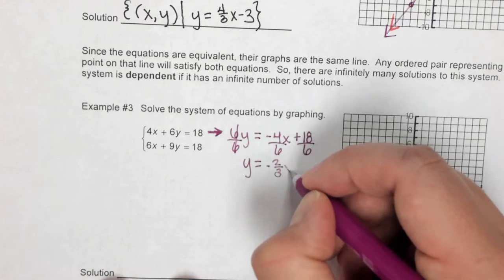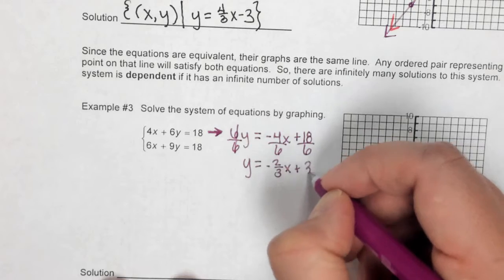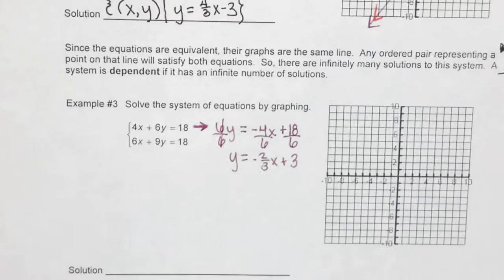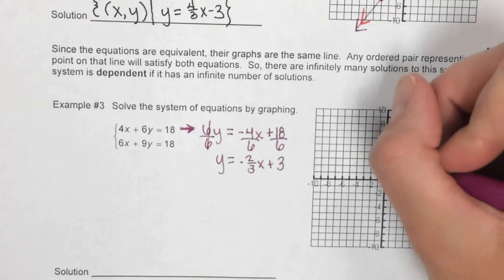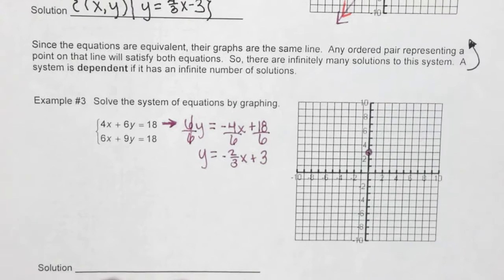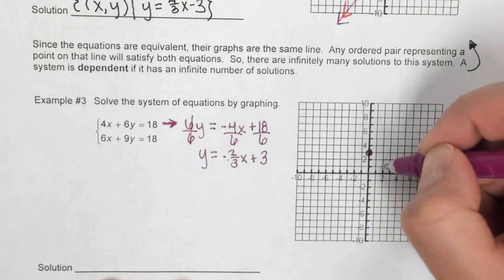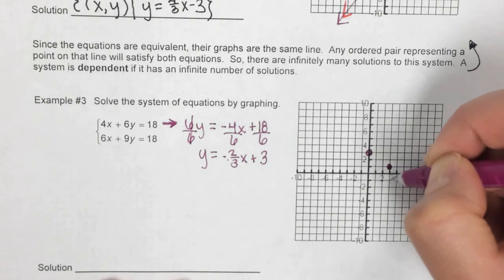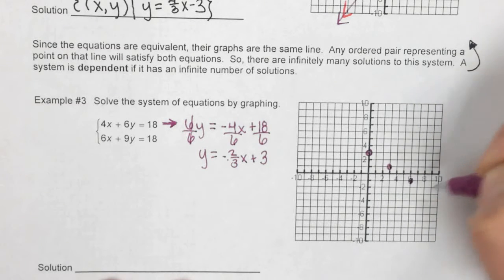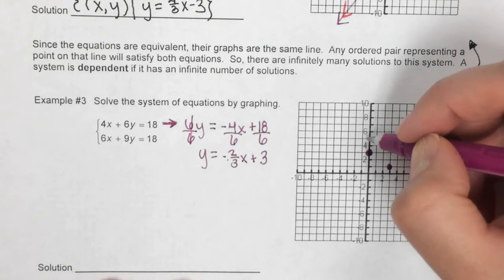Negative 2 over 3 x plus 18 divided by 6 is 3. Okay, so we can graph that. Y-intercept of 3. Slope of down 2, right 3. Ran out of room, so do the opposite. Up 2, left 3.